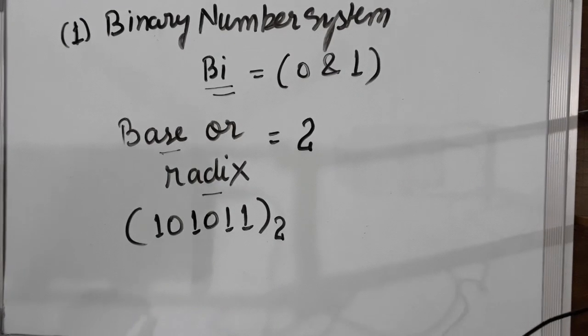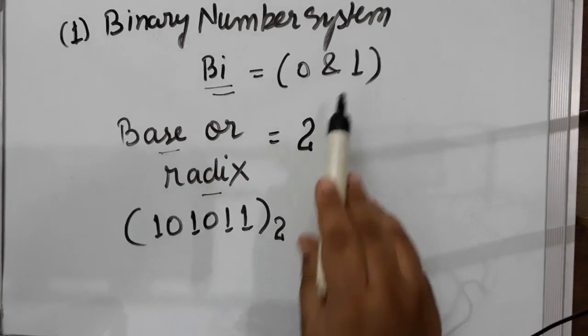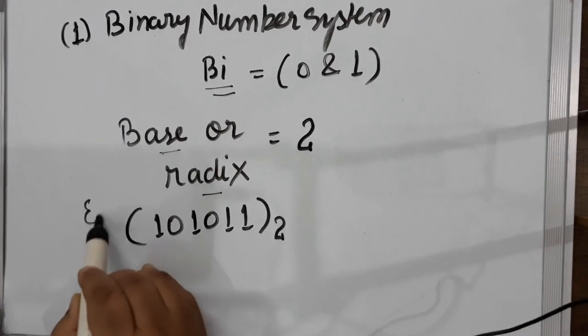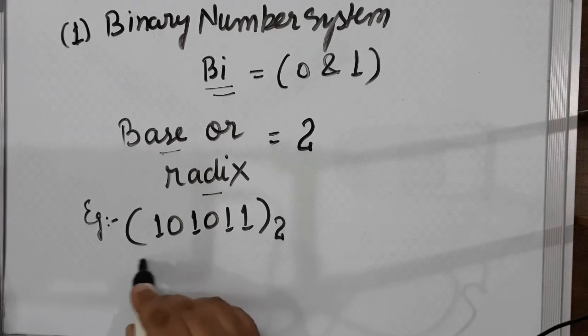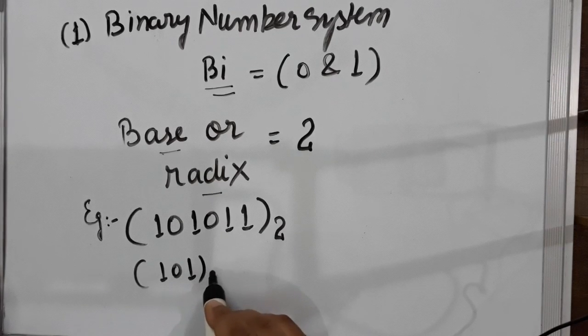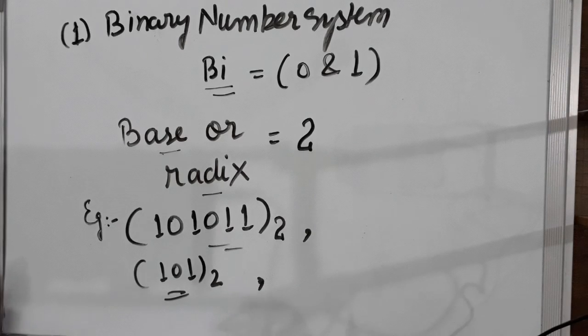And the binary number system can contain only 2 numbers. That means, as you can see in the example, it has all combinations of 0 and 1 only. So here the combination is only of 0 and 1. Examples could be anything, but it will always contain only 2 numbers, that is 0 and 1.